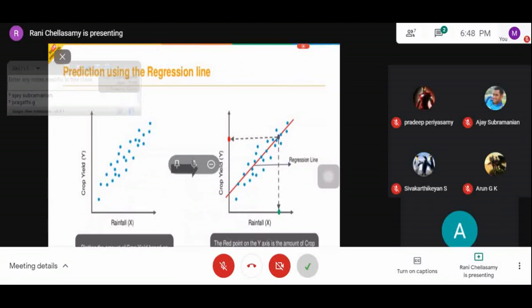The red point is on the y-axis and the green point is on the x-axis. Okay. The red point on the y-axis is the amount of crop yield we can expect for some amount of rainfall, x, represented by the green dot. Okay. And a regression line is drawn between x and y so that it best fits the particular model.